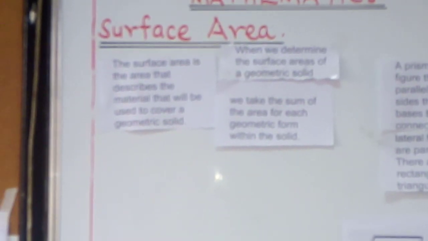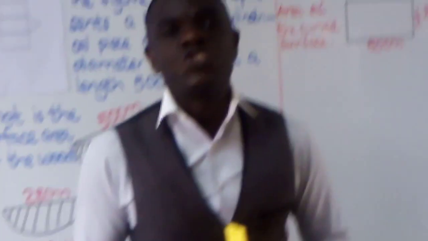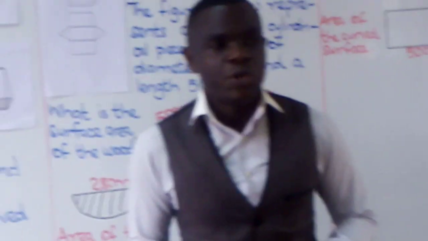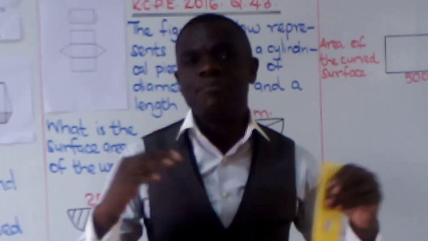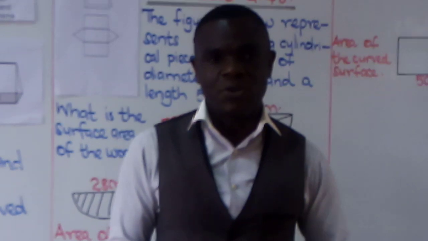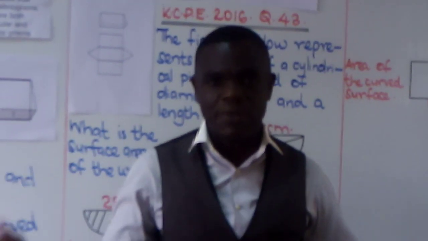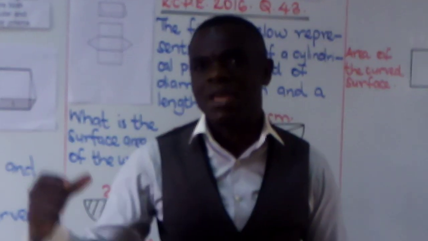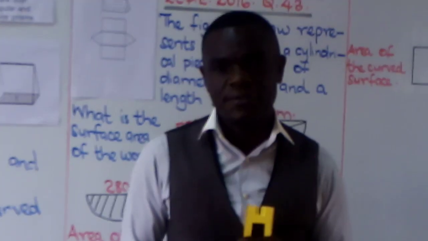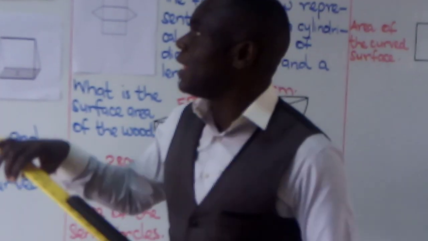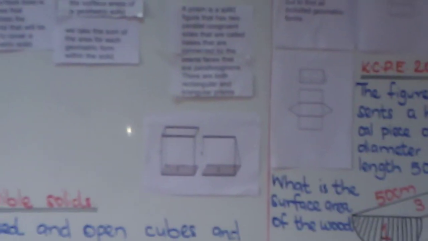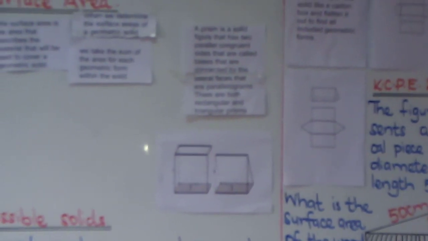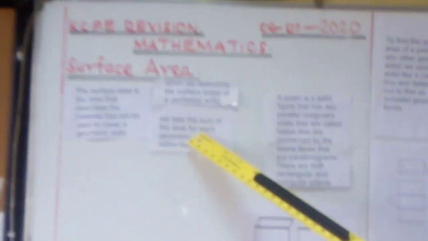What is a geometrical solid? A geometrical solid would have different dimensions. It is a three-dimensional figure. Now, when we determine the surface area of a geometrical solid, we take the sum of the area for each geometrical form within the solid.